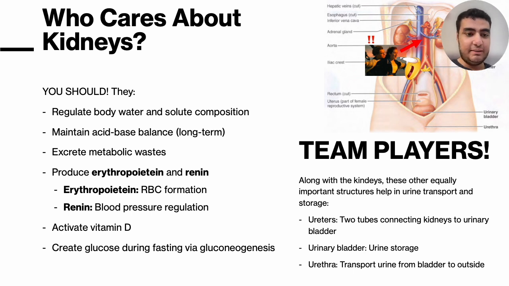However, there are a lot of other important things as well, like acid-base balance, excreting metabolic wastes, producing red blood cells and regulating blood pressure, activating vitamin D, which is important for calcium homeostasis, and they actually work on gluconeogenesis during fasting. Along with the kidneys, of course, they cannot do their function without the rest of the transport system, which includes the ureters, the urinary bladder, and the urethra.